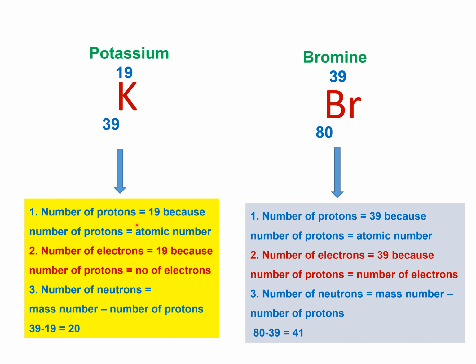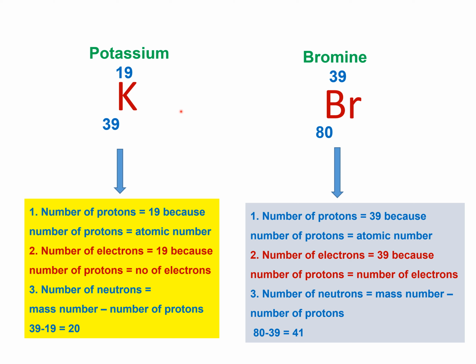So number of protons is equal to 19 because number of protons is equal to the atomic number. Number of electrons is also equal to 19 because number of electrons is equal to number of protons.